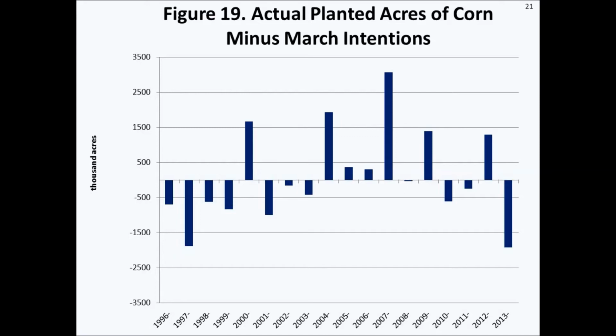So what does that mean for the balance sheet for 2014? 80.7 million harvested, 44.5 bushels per acre gives us a crop of just under 3.6 billion bushels. Again, about 300 million larger than the 2013 crop.